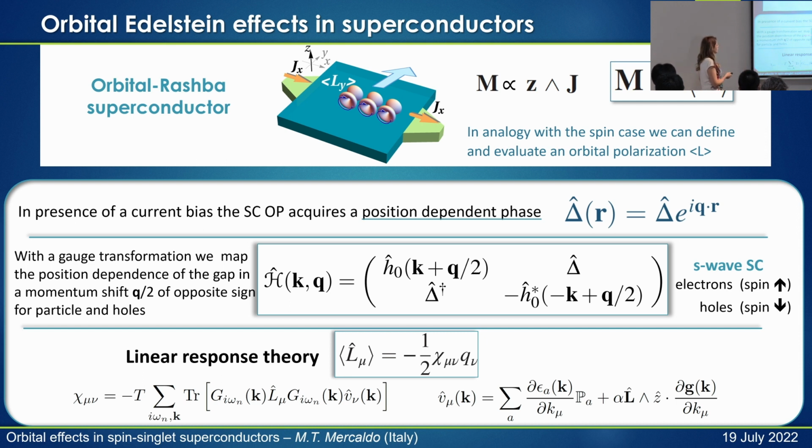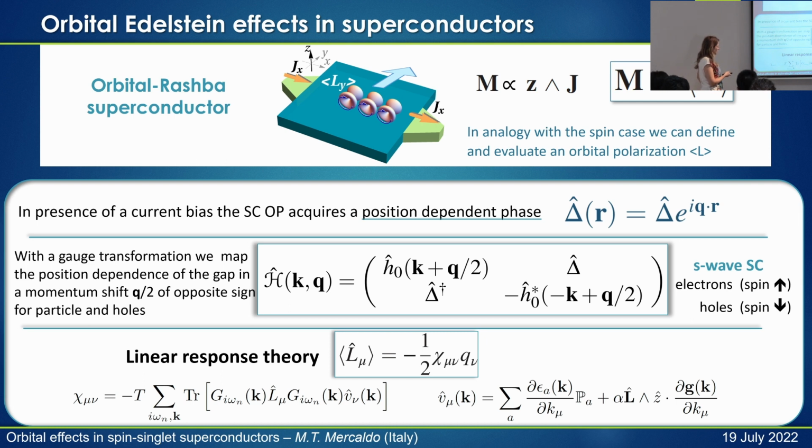So the Hamiltonian can be gauged away, and you can put this momentum shift, but with opposite sign for electron and hole. And so now the order parameter stays without this dependence. So this is a way to study it.